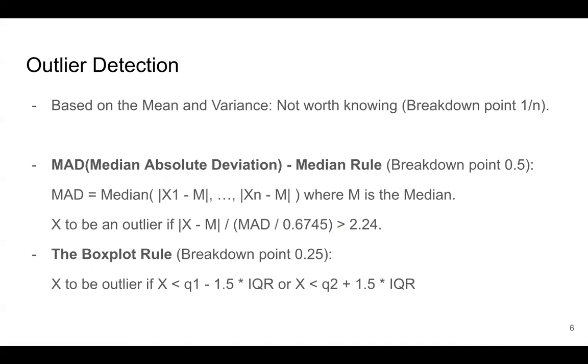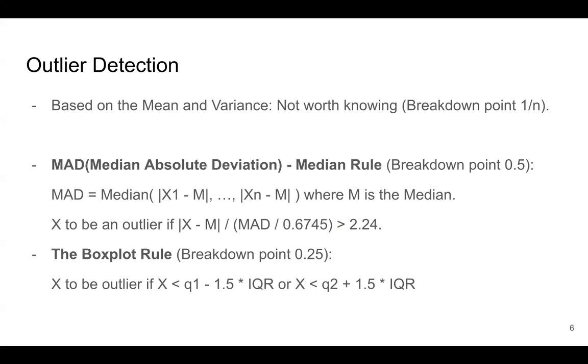Then let's talk about how to detect those outliers. We're going to talk about 3 outlier detection methods. There are a lot out there, but we're only going to cover 3 in this workshop. The first one is based on the mean and the variance, and it's not even worth knowing because we already know that the mean and the variance are not robust.